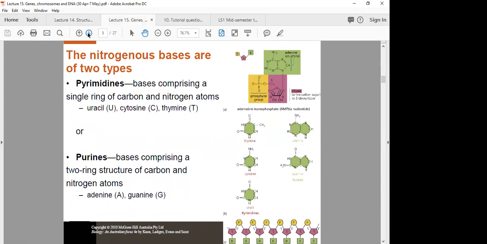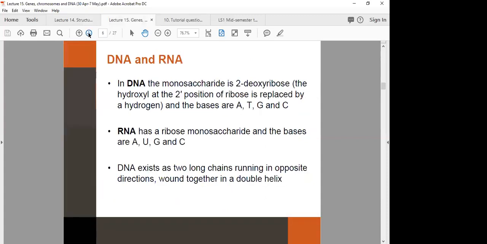Okay, you really don't need to remember pyrimidines and purines, but you certainly should be familiar with the 5 nucleotides: uracil, cytosine, thymine, adenine, guanine. All right, let's revise. In DNA, the monosaccharide is 2-deoxyribose, which means that the hydroxyl at the 2' carbon position is replaced simply with a hydrogen.